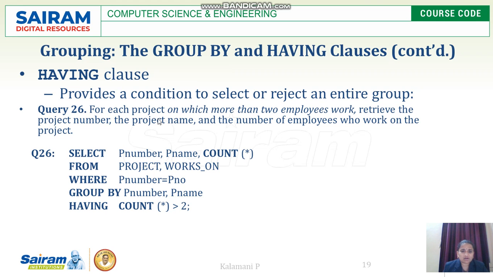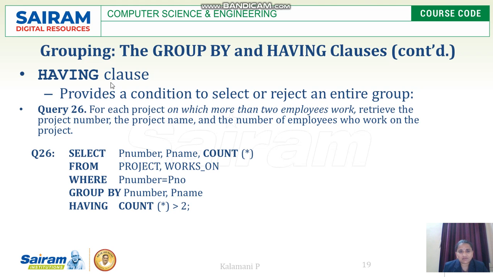So, for each project on which more than 2 employees work, we retrieve the project number, project name and the number of employees who work on the project. The number of employees is an aggregate function. So I want to find each project on which more than 2 employees work, and we apply this condition on the group.